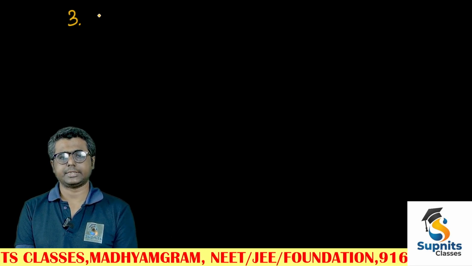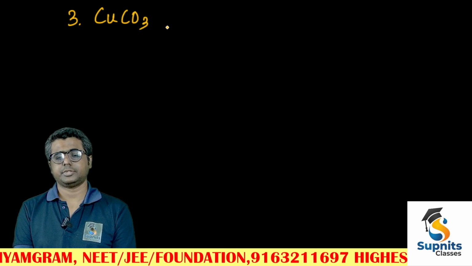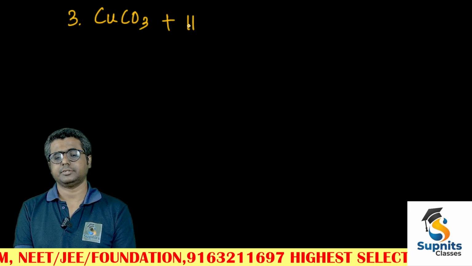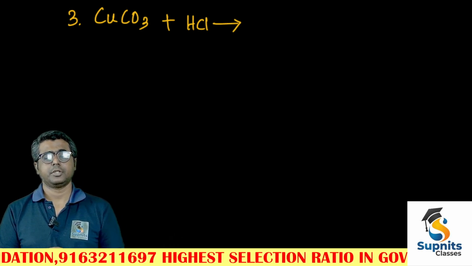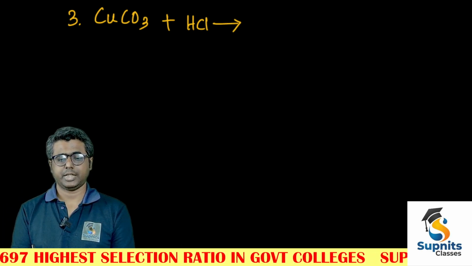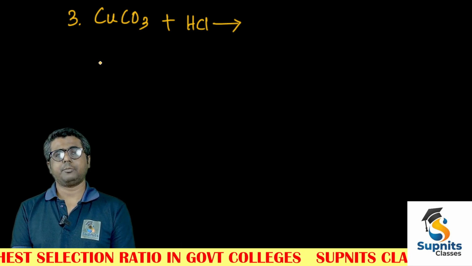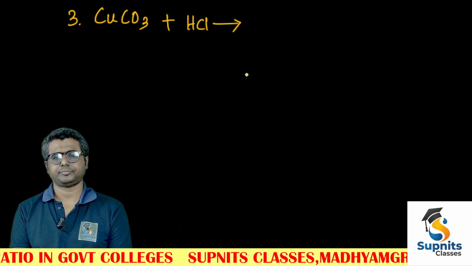Our next reaction is copper carbonate CuCO3 plus HCl. I think you guys should be able to do this reaction by yourself. Shouldn't you be? I think you should. Carbonate plus acid, again HCl will show acidic nature.